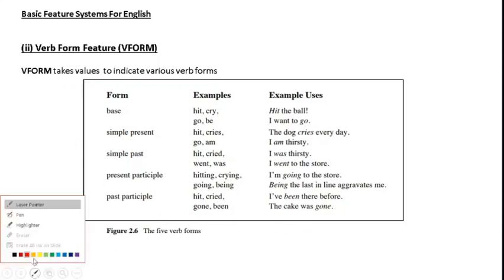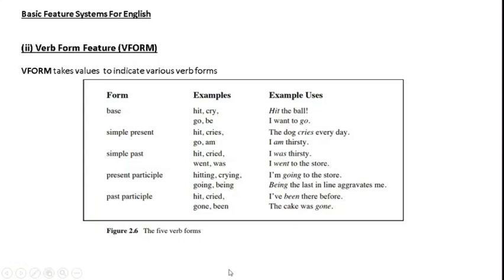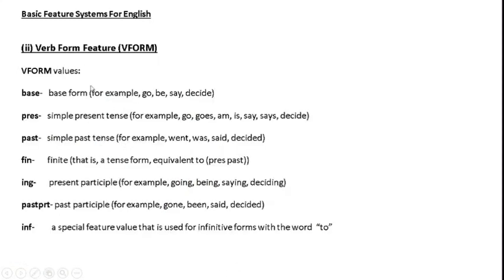So let's see about that. What values can V form take? V form can take base to indicate that a particular verb is of base form. It can take the value PRES to indicate that the particular verb is present tense.